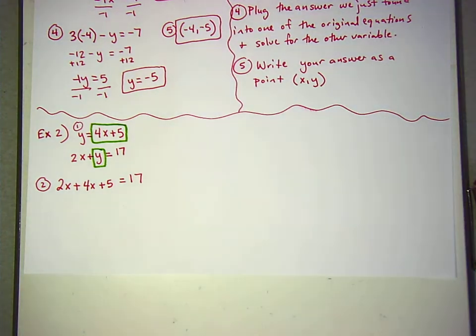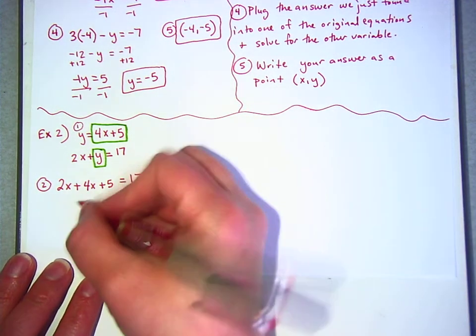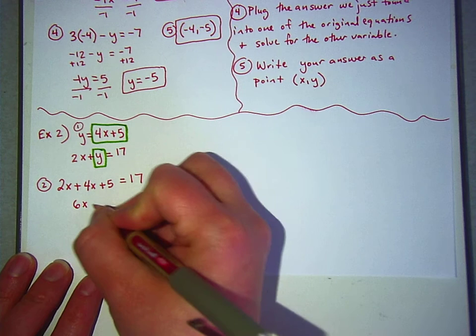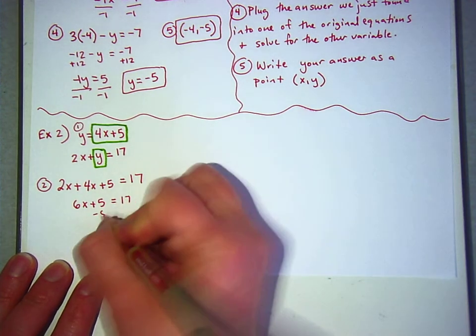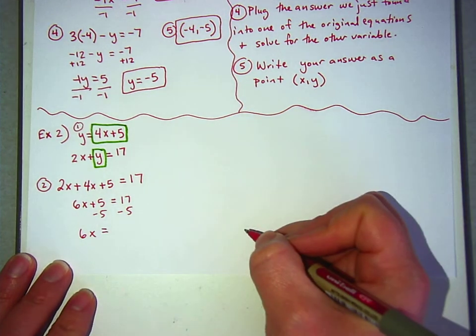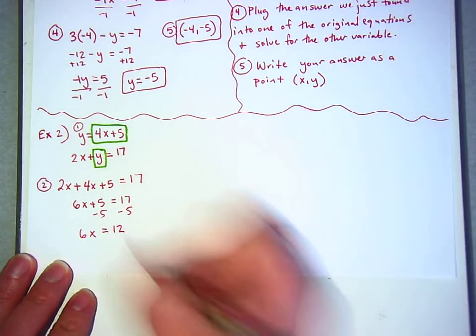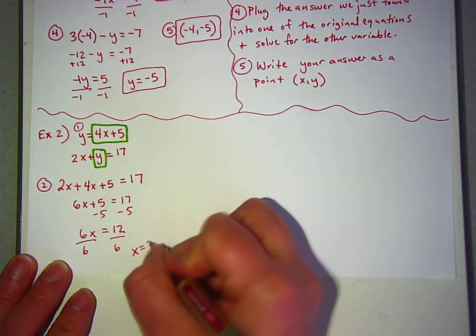Okay, when you add 2x and 4x, you get 6x plus 5 equals 17. Subtract 5. 12 equals 6x. Divide by 6. X equals 2. Brilliant.